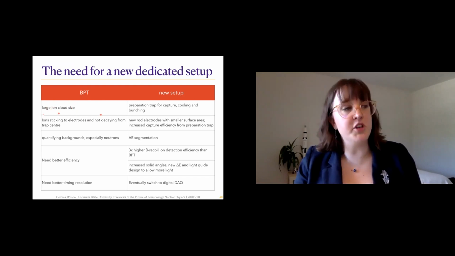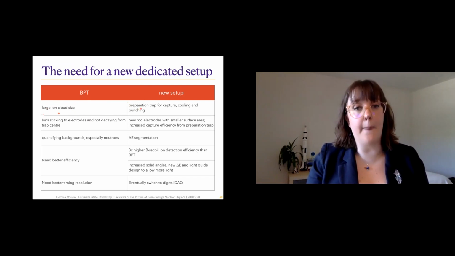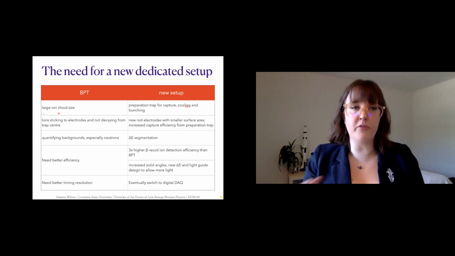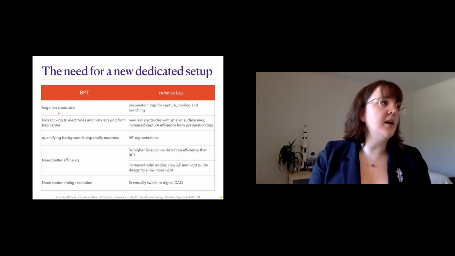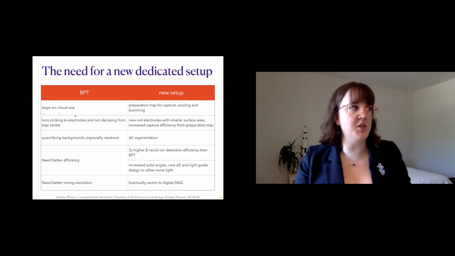And we're going to reduce the ion cloud size by using a preparation trap before the measurement trap, which will capture and condense and cool and bunch the ion cloud before very gently nudging it into the trap. Reducing this ion cloud, as you saw from the simulated data, will have a big effect on our measurements.